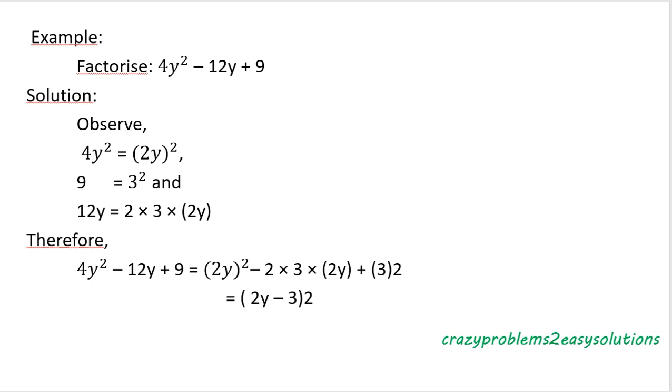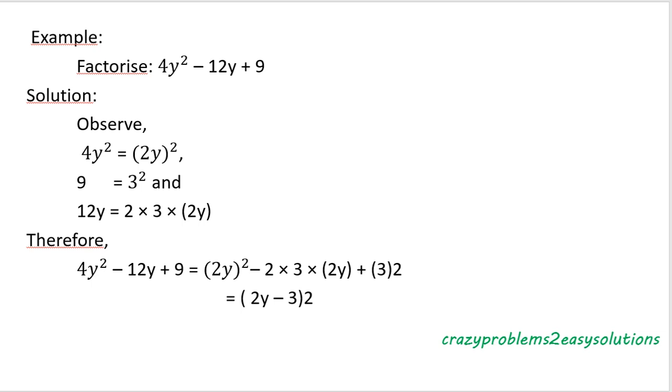Another example problem, 4y square minus 12y plus 9. Here minus is there, so we use the minus formula. Observe first 4y square: 4 is 2 square, so 2y whole square. 9 is obviously 3 square, and 12y we can write as 2 into a into b, where a is 2y and b is 3.